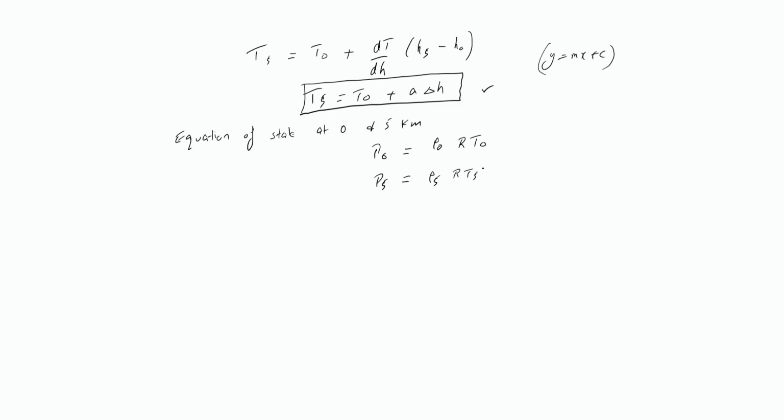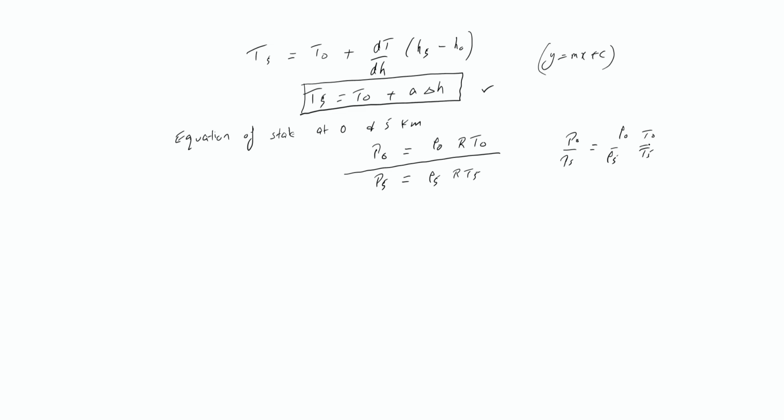The universal gas constant remains the same, only the other parameters vary. If you divide these equations, we get P naught upon P5 equals rho naught upon rho 5 times T naught upon T5.